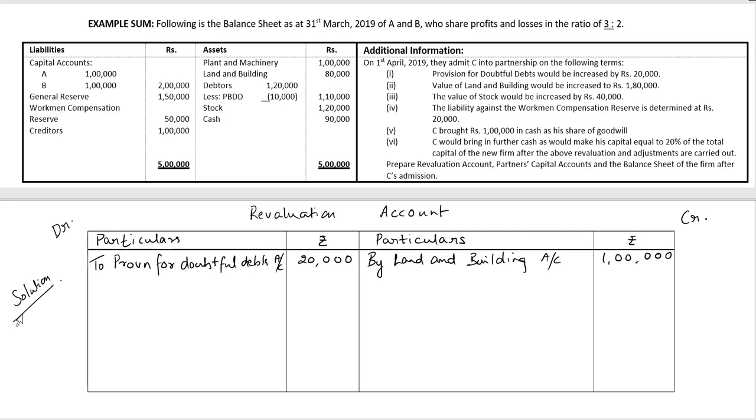Third point, the value of stock would be increased by rupees 40,000. We'll increase the value of stock. So it's by stock account 40,000 rupees.